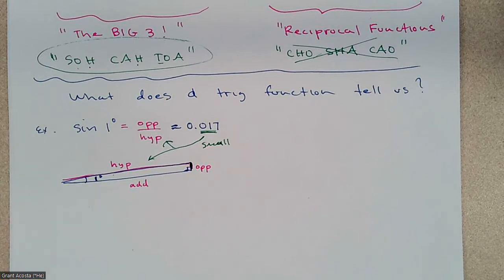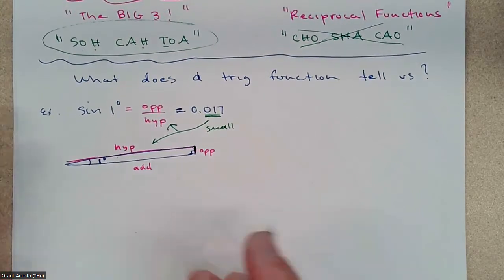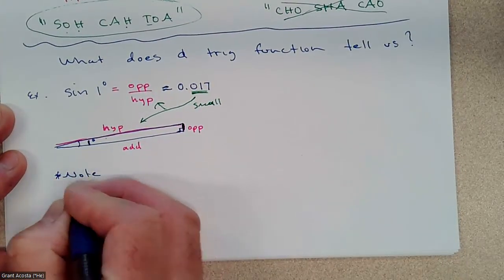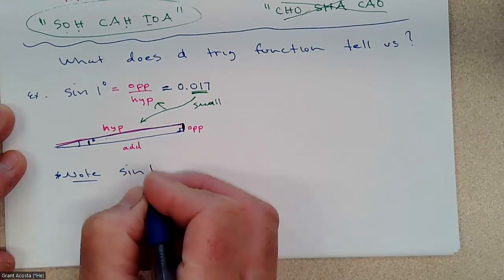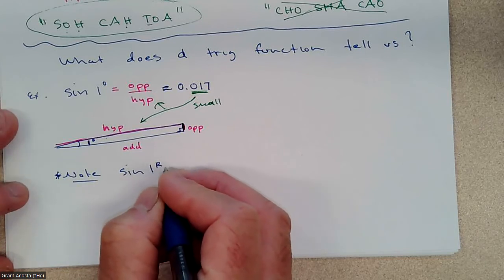Now, how that could be useful: you may also realize on your calculator that there is not only degrees, there's also radians, which we talked about in a previous video. If you accidentally did the sine of 1 radian, note that 1 radian you may recall is about 57 degrees.